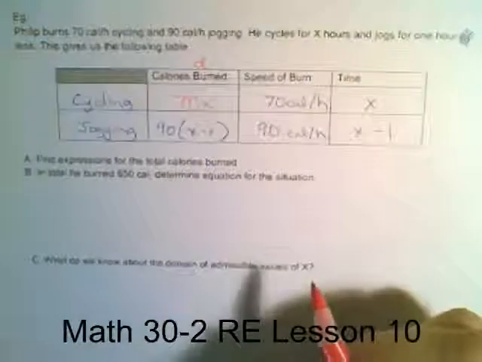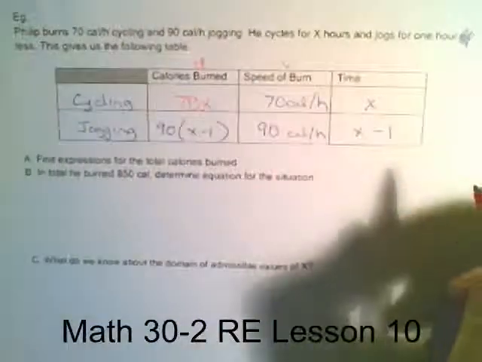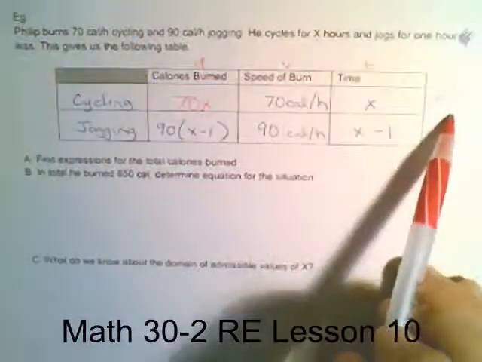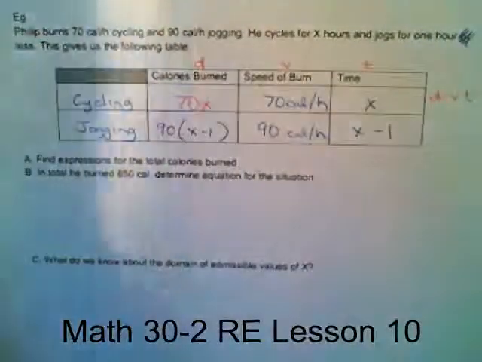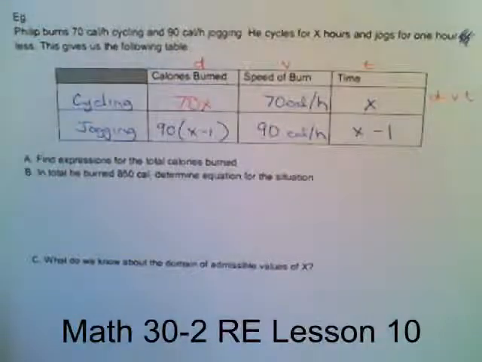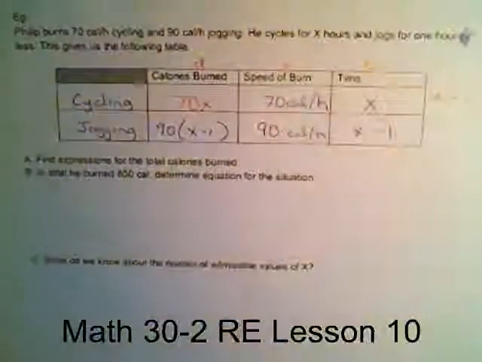So I need to figure out these. Well, if I burn, as I was saying before, 70 calories per hour, and I do that for x hours, I'm going to burn 70x calories. Okay. If I burn 90 calories per hour for x minus 1 hours, I'm going to get 90 times x minus 1 calories. You could say this is your distance.